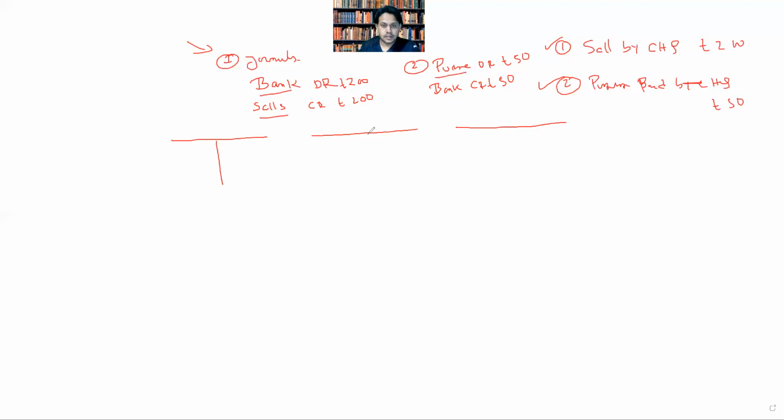So I'll make a T first. One is for the bank, one is for the sell, and one is for the purchase. So let's do the bank first. Bank is a debit, so on the debit side, I'm going to write sell 200.